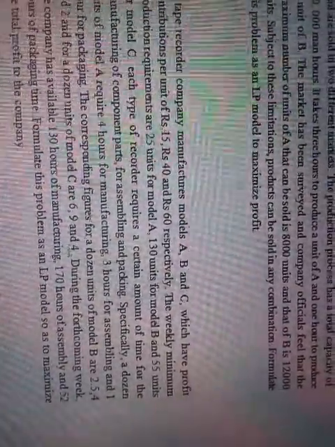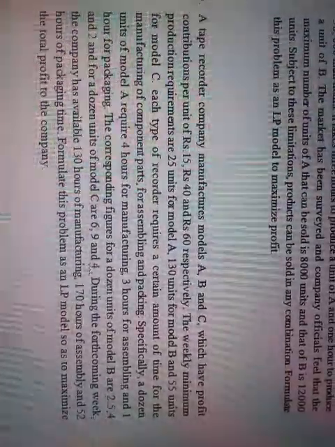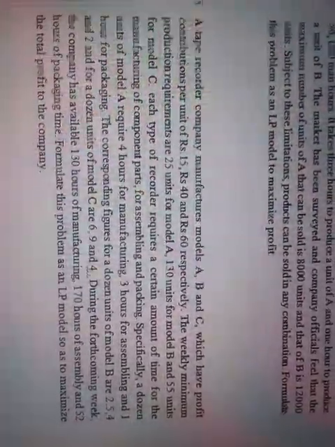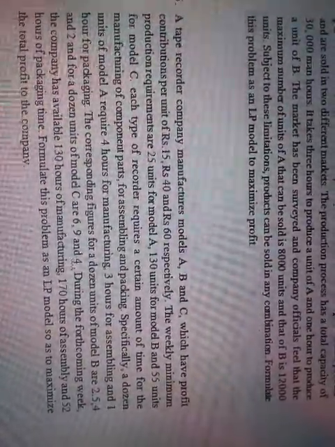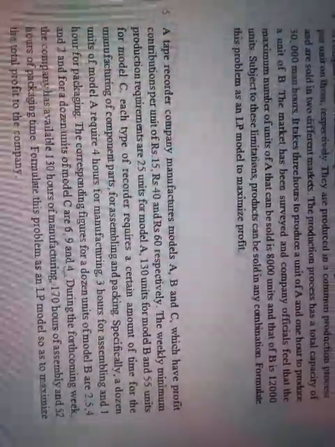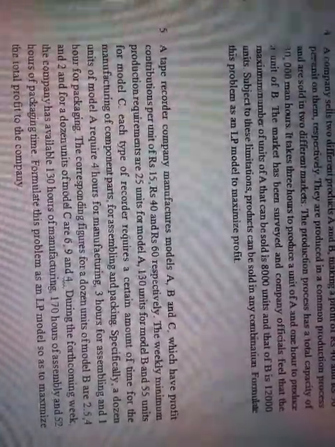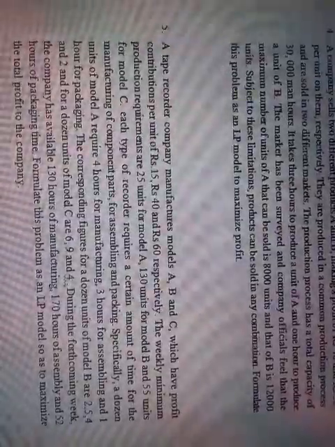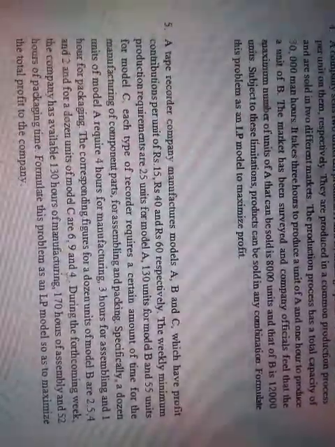The weekly minimum production requirements are 25 units for model A, 130 units for model B and 55 units for model C. Each type of recorder requires a certain amount of time for manufacturing of component parts, for assembling and packing.